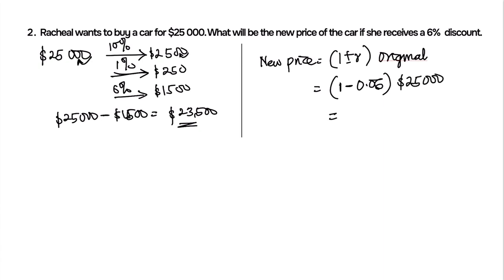If I'm removing 6% from 100%, I'll be having about 94%, which means it's going to give me 0.94 of 25,000, and that will give me $23,500. So don't forget this. We are going to be solving more questions after this. So thank you for joining.